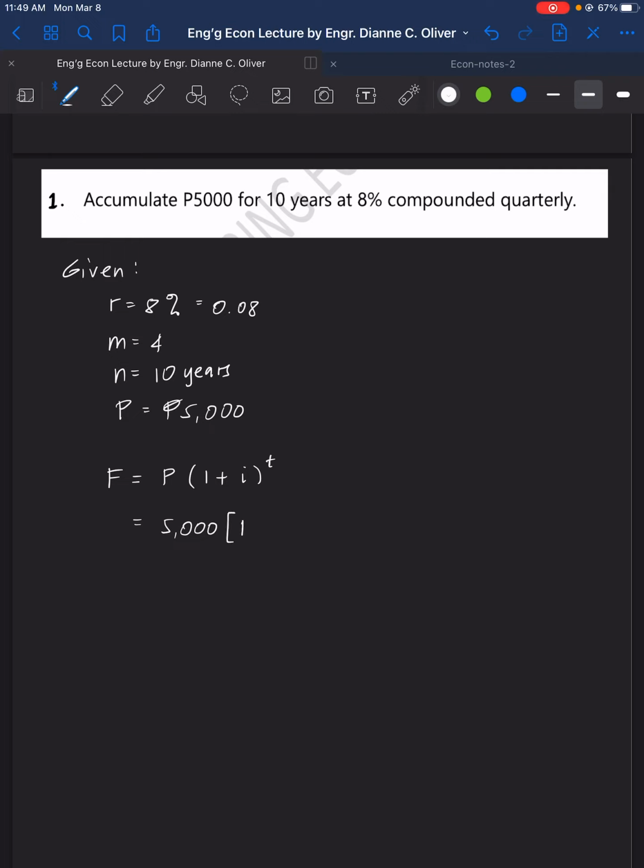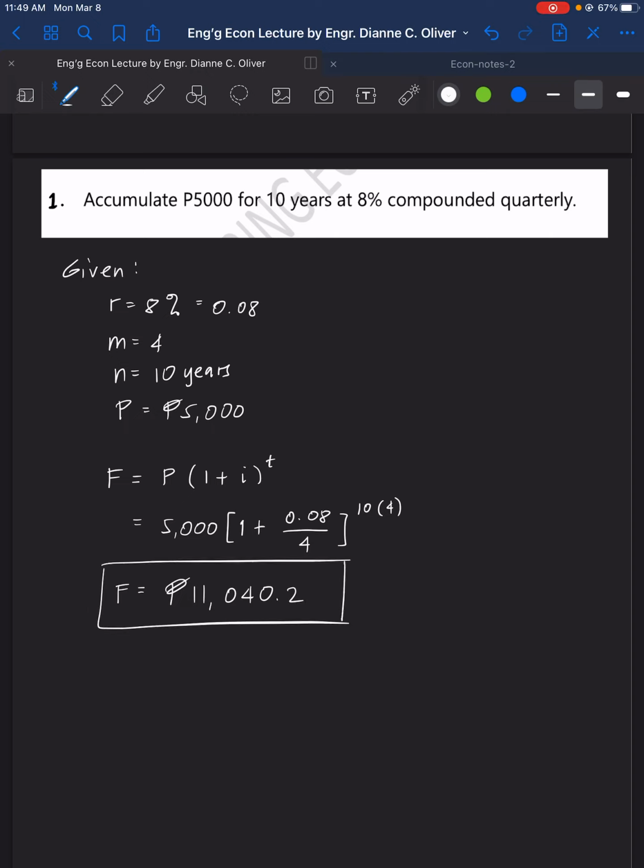This is 1 plus i, where i is the nominal rate of 0.08 divided by M, which is 4, raised to the time, which is 10 years multiplied by 4. So the future worth here is 11,040.2 pesos.